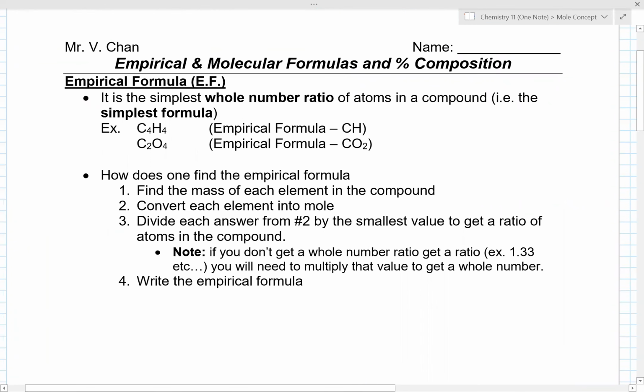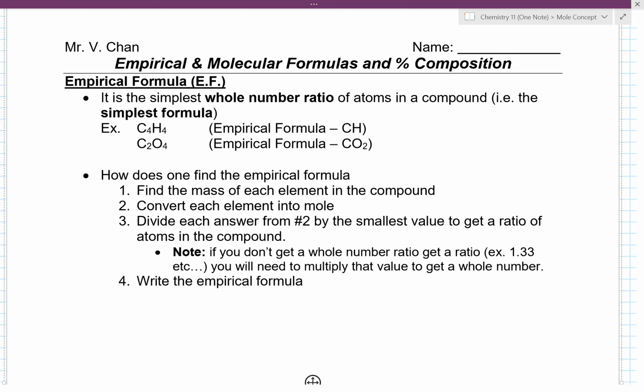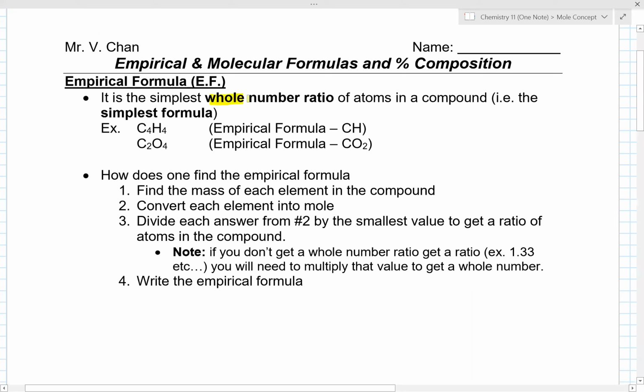Now, there are two types of formulas that we talk about. One of them is called the empirical formula. The empirical formula is the simplest whole number ratio of atoms in a compound. So let's say the simplest formula. For example, let's say we have C4H4.